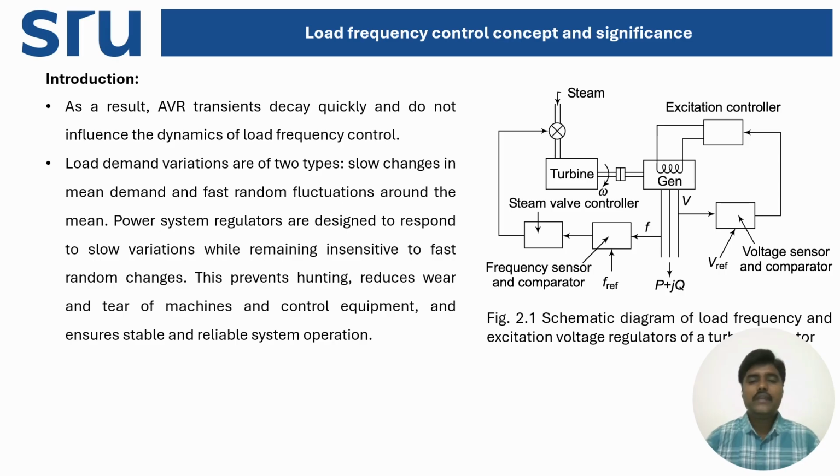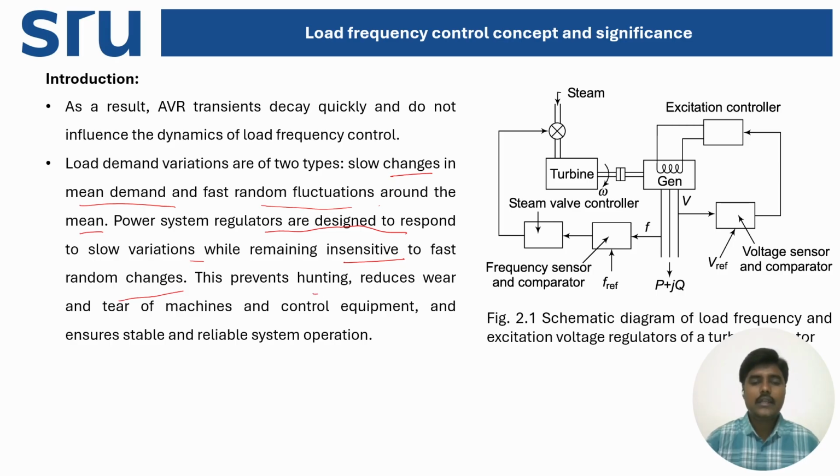The load demand variations are basically of two types: slow changes in the mean demand and fast random fluctuations around the mean. In simple words, we can understand how the load is changing. The load is changing with slow values, that means minimum values or high values. Our power system regulators are designed to respond to slow variations while remaining insensitive to fast random changes.